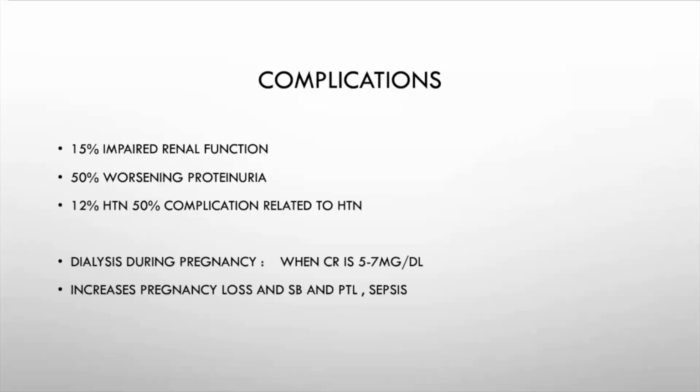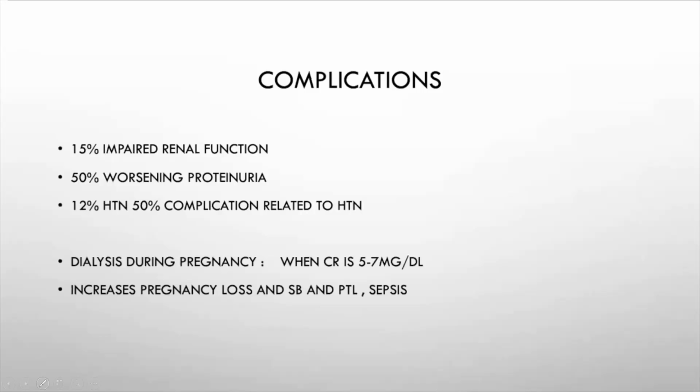So dialysis during pregnancy accounts for when the creatinine level is 5 to 7 milligram per deciliter. Means if the woman's creatinine level is 5 to 7 mg per deciliter, then she undergoes dialysis. So next is increased pregnancy loss and SB and PTL sepsis.